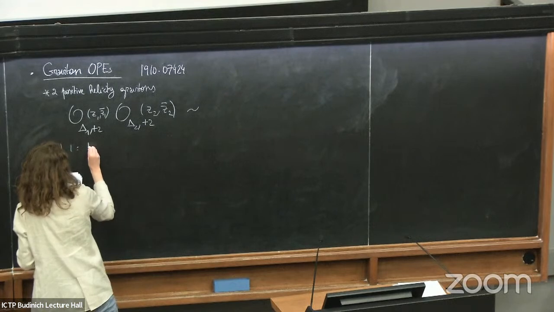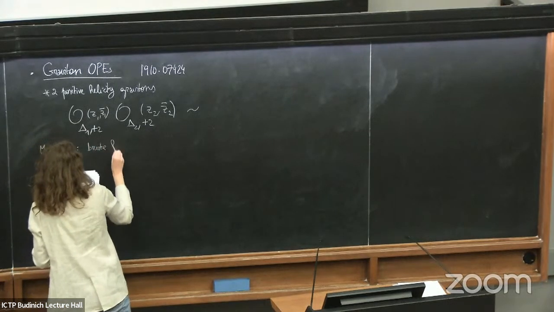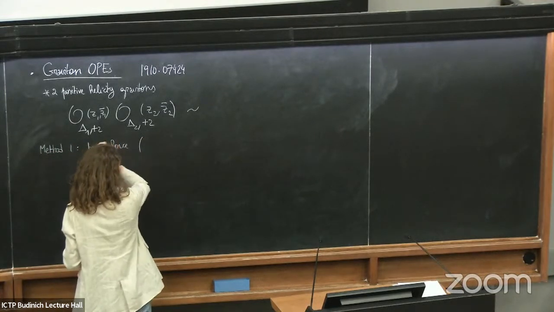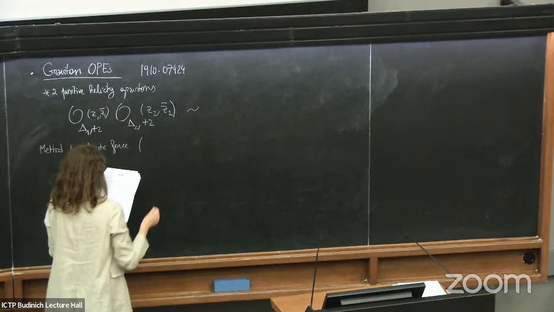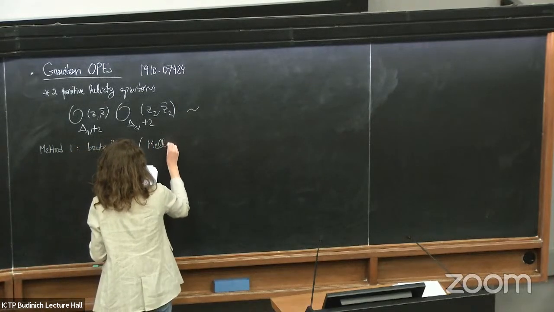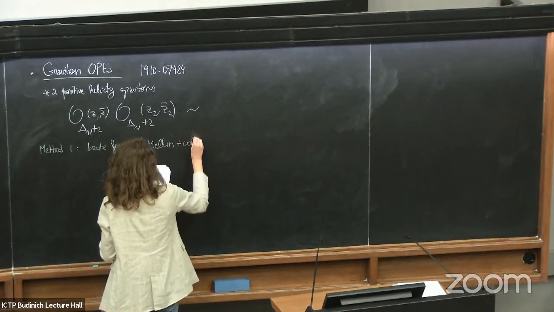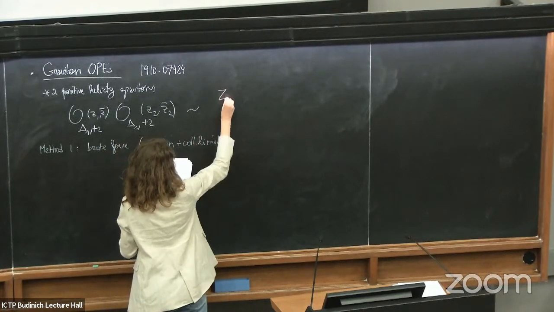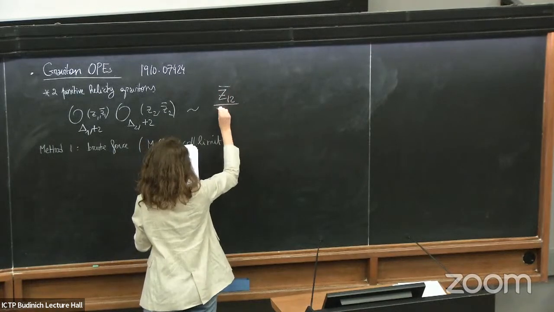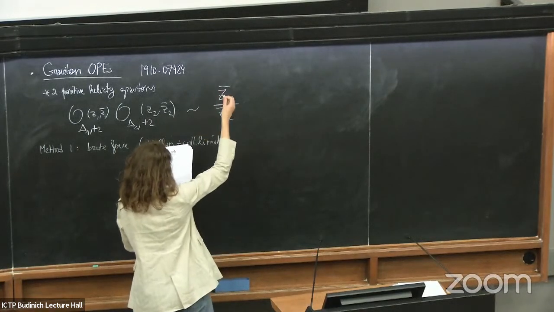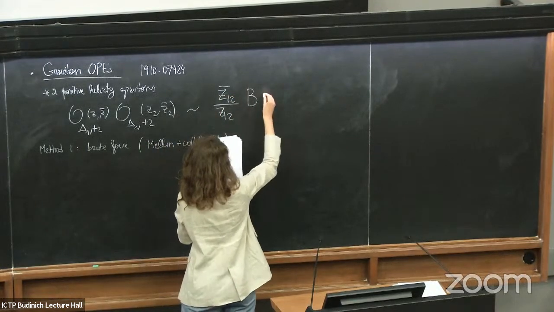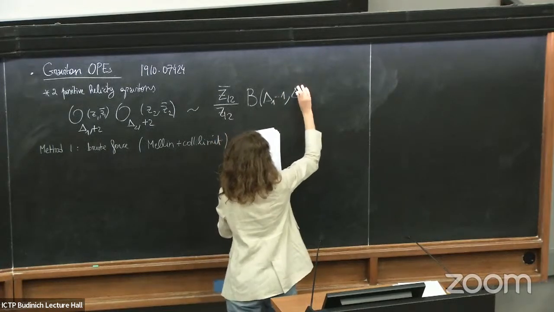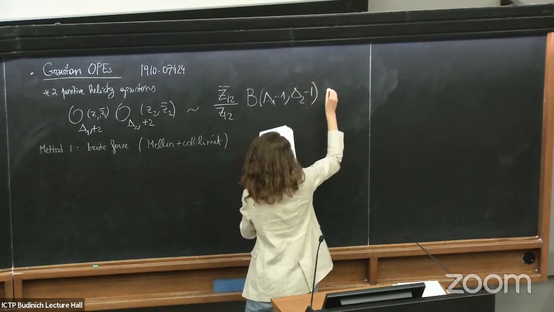So method 1 is brute force, namely start from momentum space amplitudes, look at collinear divergences, for which there are formulas, do the Mellin transform, do the collinear limit, and you will extract this structure. If you have mixed helicity, it's a bit more tricky, but now people are starting to know how to deal with these things.